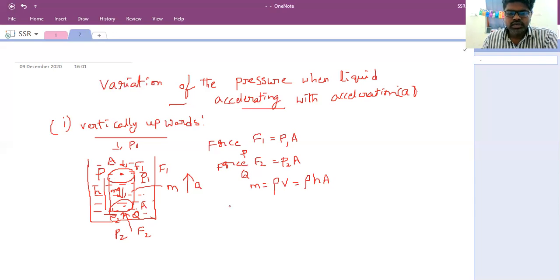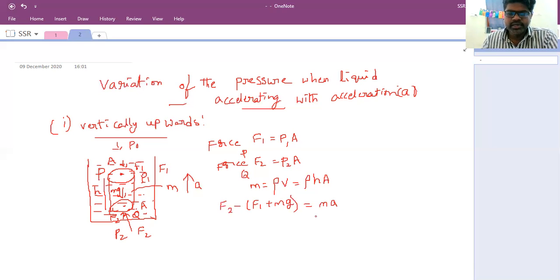Now the net force you can write as F2 vertically upward minus F1 vertically downward plus mg vertically downward. F2 minus F1 minus mg, that is the net force. According to Newton's second law, net force is equal to ma on this imaginary cylindrical column.